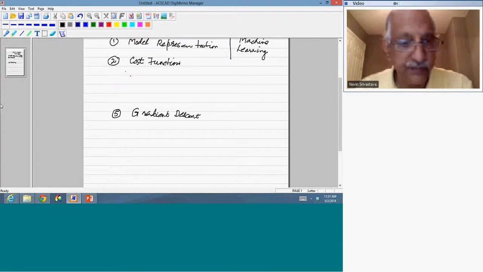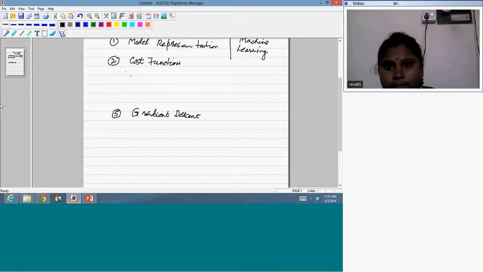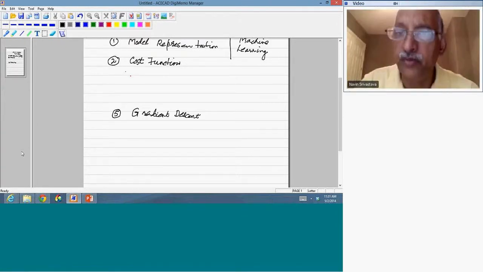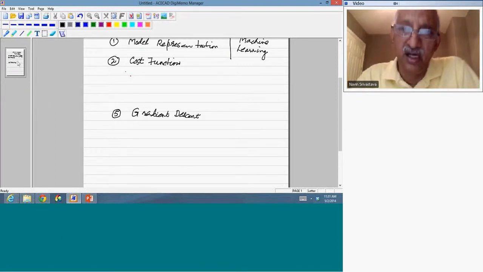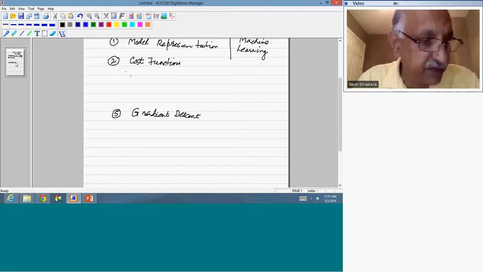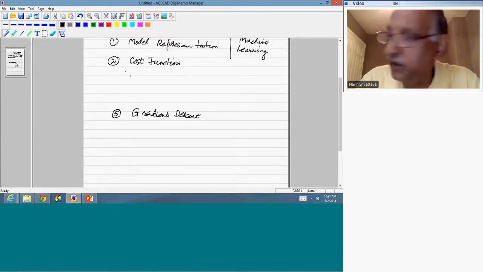So the professor who is going to be teaching this, as I said, is from the machine learning area. He takes one example, which is showing a scatter plot.